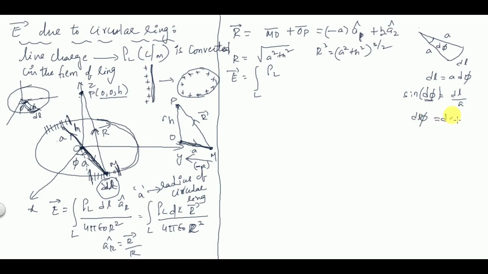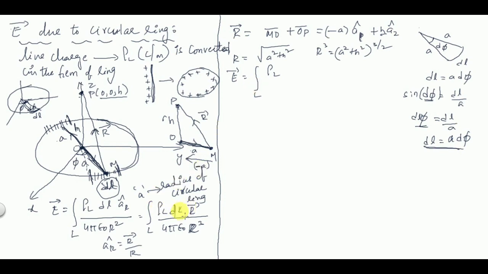So d phi is equal to dl by A, so dl is equal to A into d phi. For a small angle, sine phi is equal to phi. Due to this reason, you can write dl as A into d phi.